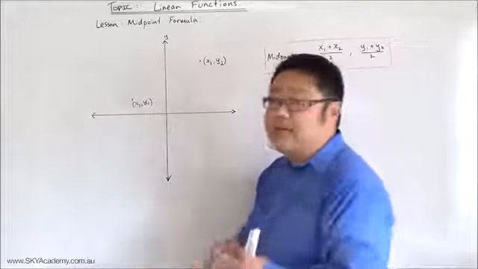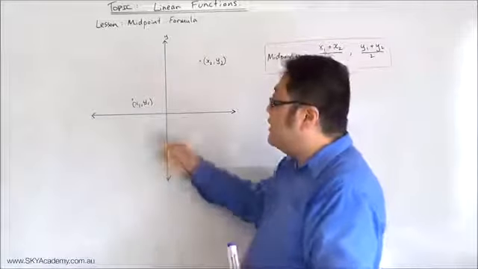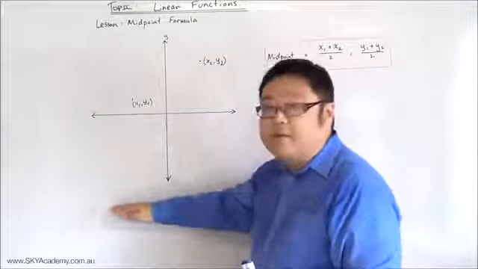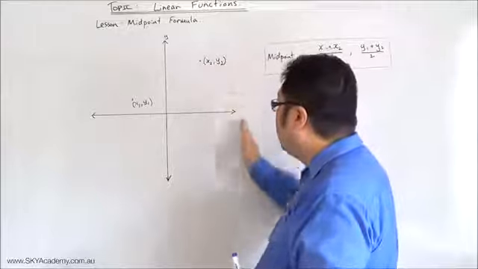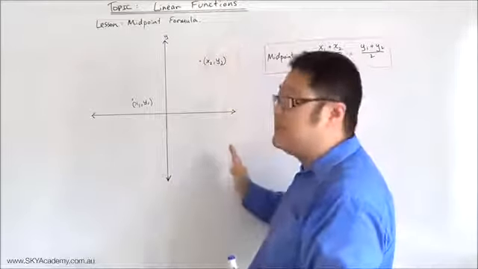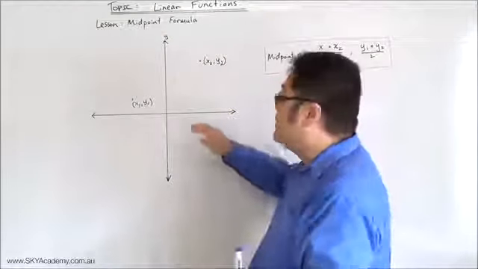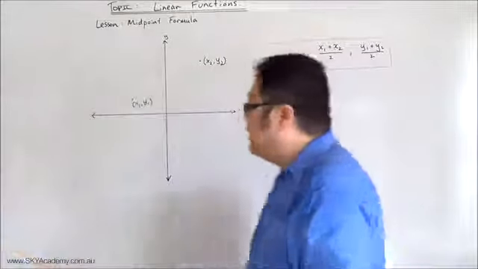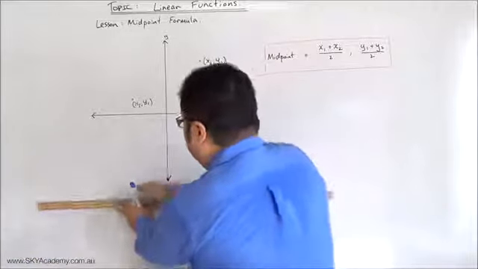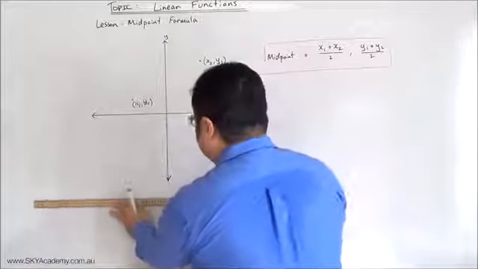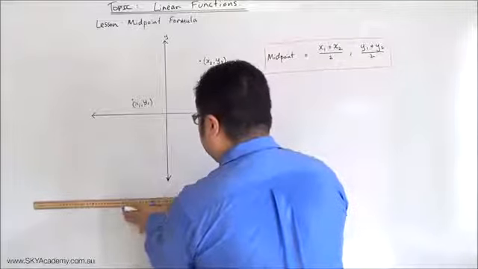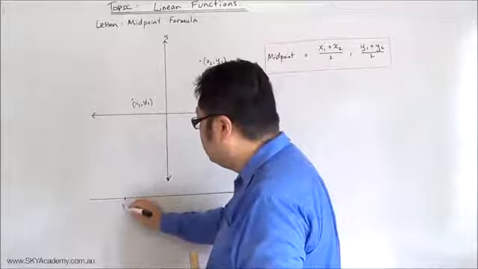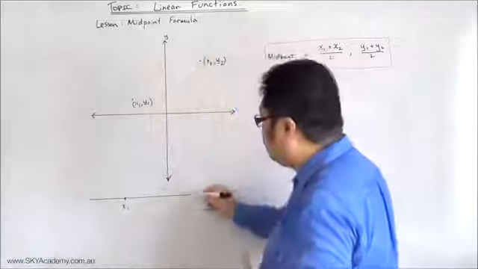Well, to understand this, we need to understand that x1 and x2 are the horizontal displacement, y1 and y2 are the vertical displacement. So in other words, it tells us the vertical position and the horizontal position. So, let's have a look at the horizontal position here. On a straight line function, you've got x1, which lies somewhere there, and x2, which lies somewhere here.